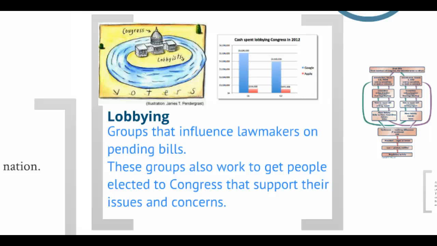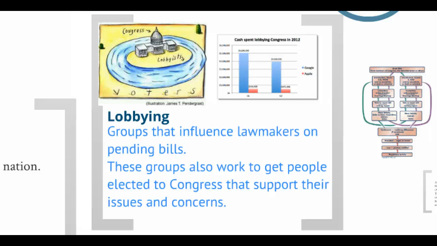Anywhere you've got a legislative group of people that have the ability to pass laws, you're going to have folks that are going to want, for whatever reason, legislators to vote a certain way on certain bills that are before the legislature. So lobbyists attempt to influence lawmakers on bills that are pending before them to vote one way or another, depending on how the interest group wants them to vote.